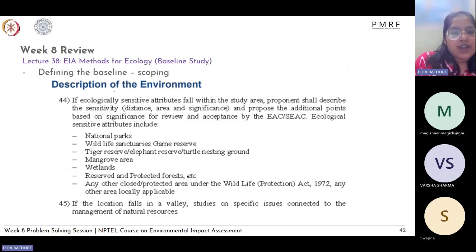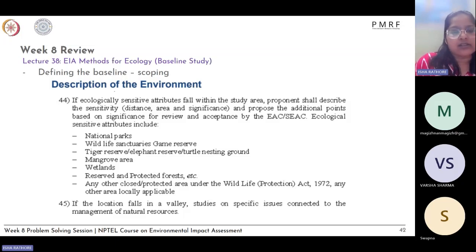So, the description of the environment is in terms of whether the project site falls under environmentally sensitive areas like national parks, wildlife sanctuaries, game reserves, tiger reserves, elephant reserves, turtle nesting grounds, mangrove areas, wetlands, reserved and protected areas, etc. If it falls under an ecologically sensitive area, then certain things need to be dealt with in more detail, more depth and more sensitively.